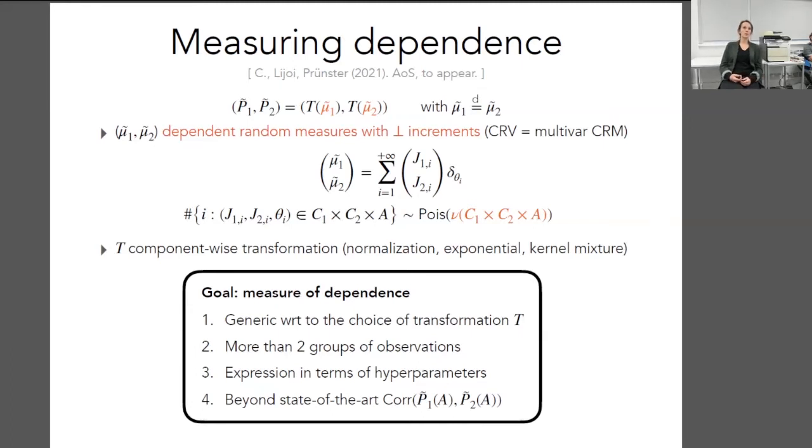Then we also wanted it to extend naturally to more than two groups of observations, since, of course, in general, categorical covariates come with more than two levels.